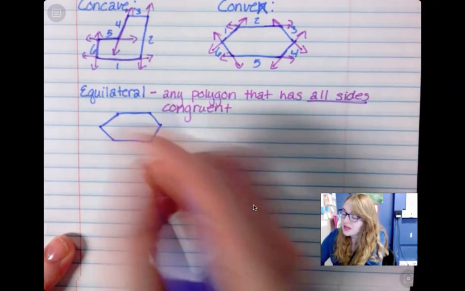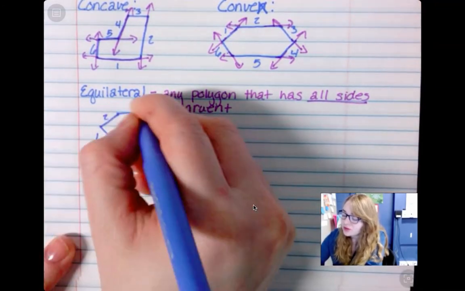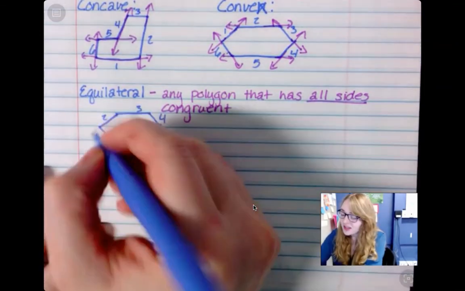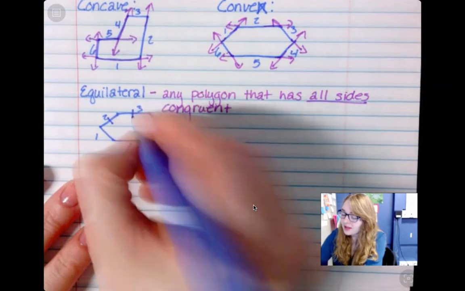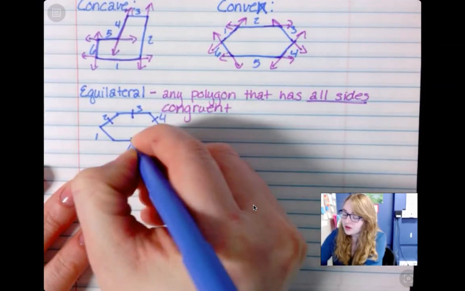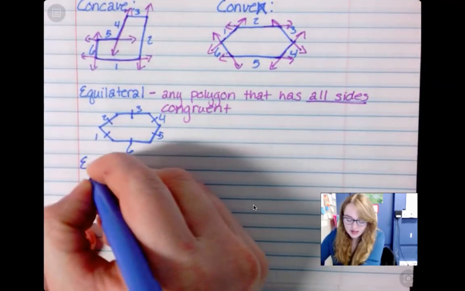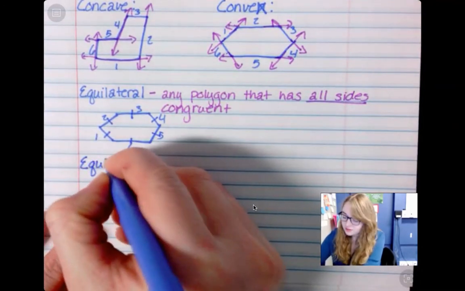We know it is a hexagon because, again, it has 1, 2, 3, 4, 5, 6 sides. Although my drawing doesn't look it, an equilateral polygon is where all of the sides are congruent to each other. Our next definition is equiangular.